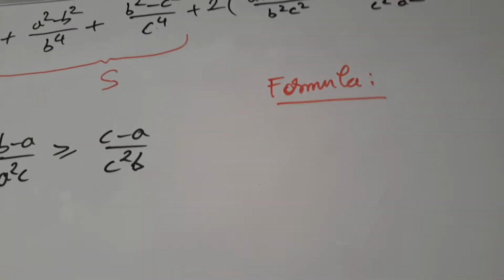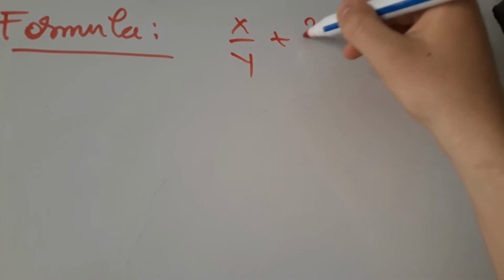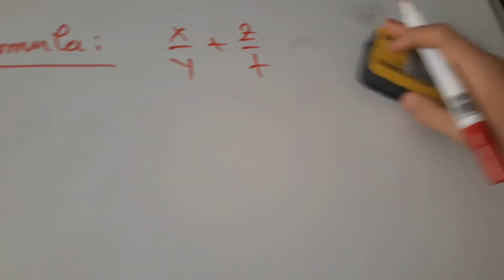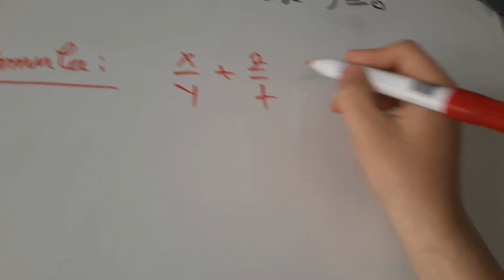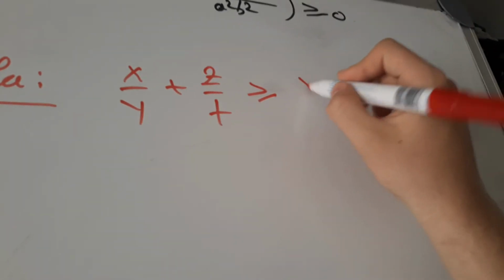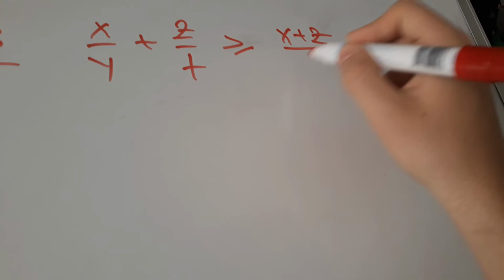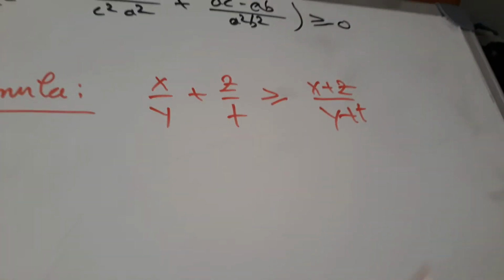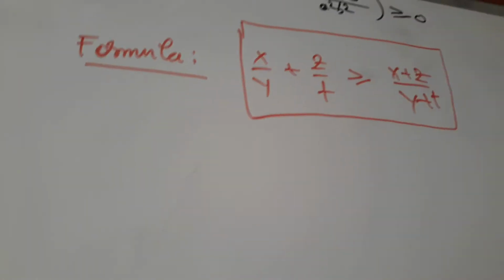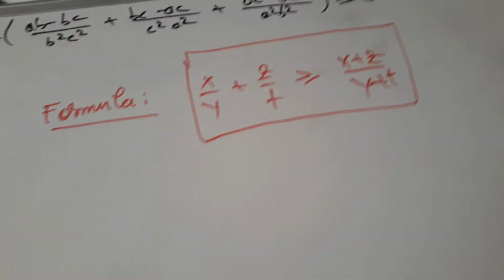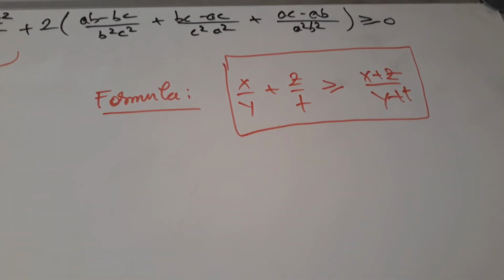But here we will need a formula that x over y plus z over t, let's say, will be always greater than or equal to (x plus z) over (y plus t). Remember this formula. This formula is very useful in Olympiad problems.